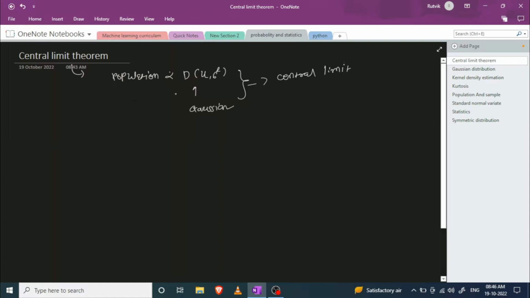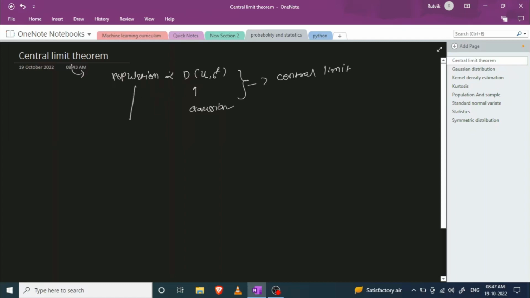Suppose we have a population that follows another type of distribution, because there are lots of types of distributions available. We need to convert our population in such a way that whatever output we get after the conversion will follow the Gaussian distribution.